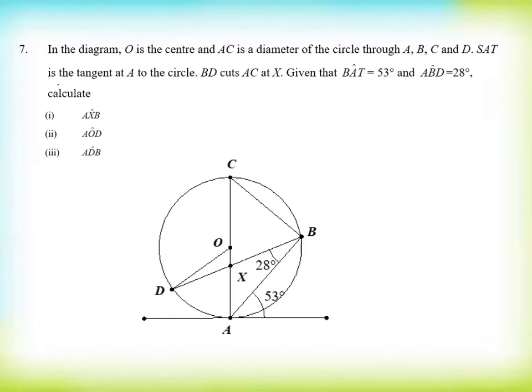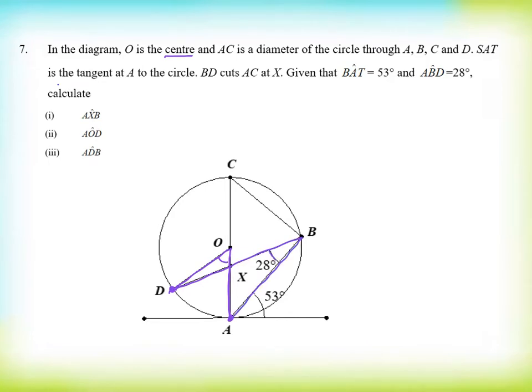Question number 7. O is the center of the circle. Now when this is the center of the circle, what property can you think of? Well, we can think of the angle at center is twice the angle at the circumference. Where is this angle at the center? I have the two anchor points D and A. These two legs here, they can join to the circumference over here.